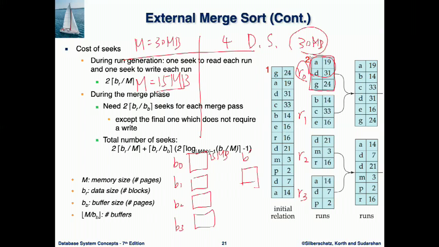So what you see is we are going to have 2 random disk seeks per input run, because we cannot fully read the data into the main memory. Again, this is 30 megabytes in size. So we first read 15 megabytes of data, and then the buffer is full. So we are going to do some processing, and later on, we will process all of the data currently in buffer B0.